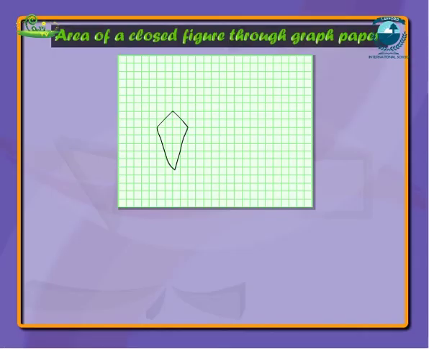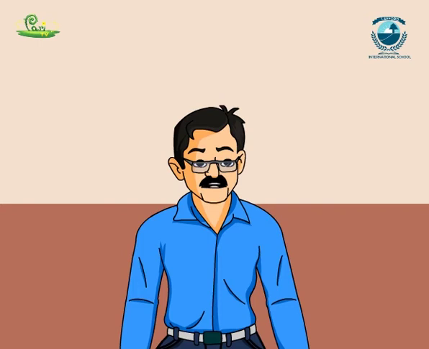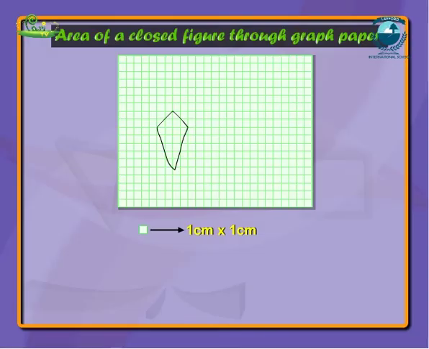For finding the area of a closed figure, we place the figure on a graph paper where every square measures 1 centimeter into 1 centimeter. The area is the number of centimeter squares that are needed to cover it. But before we proceed to find the area through this method, I must tell you about some conventions.